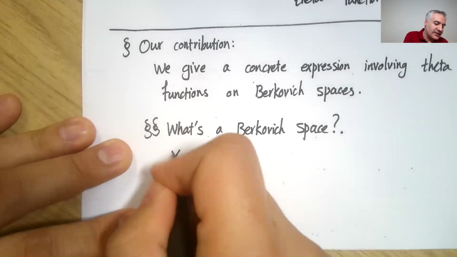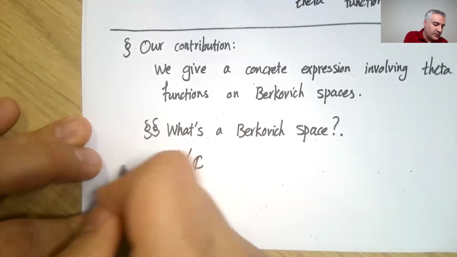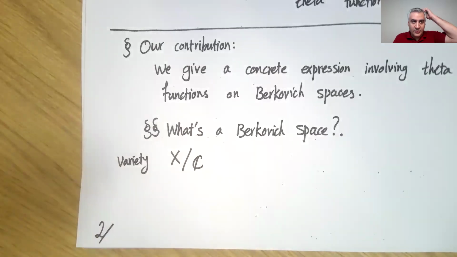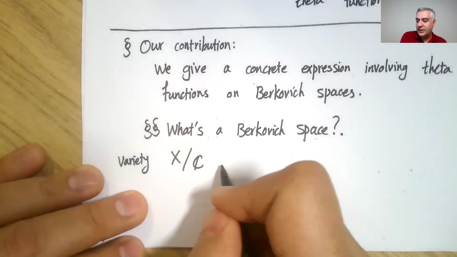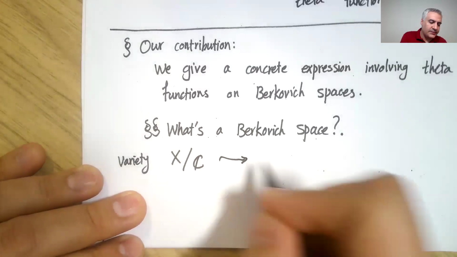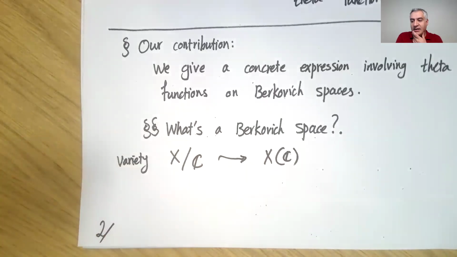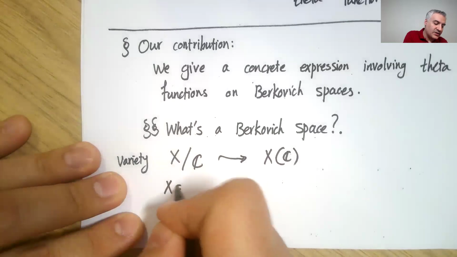So let's say X is a variety over C, or some other algebraic object. You can extend these things to schemes with appropriate adjectives, but it's an algebraic object. You might look at the C points of this object. And then let's actually have a running example. Maybe X is just A1.